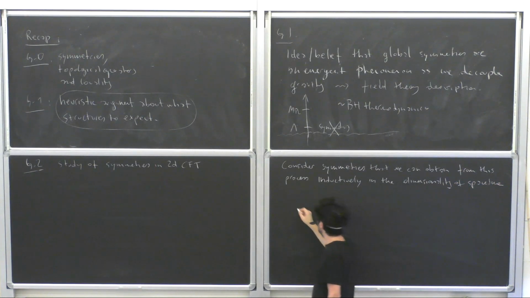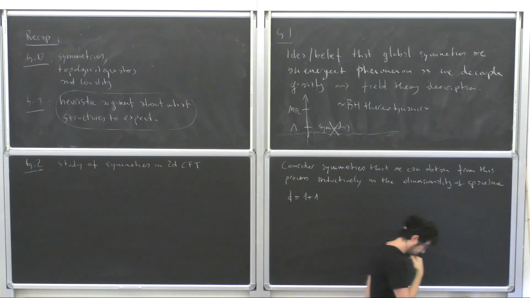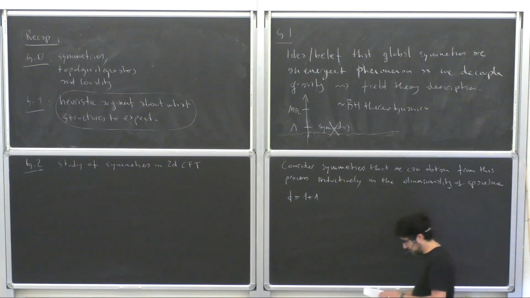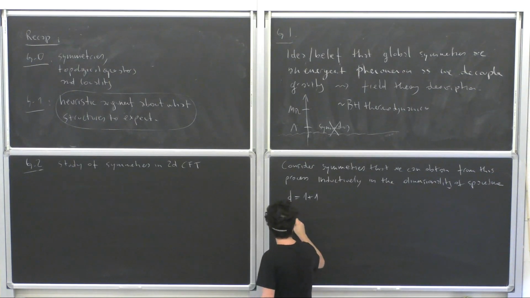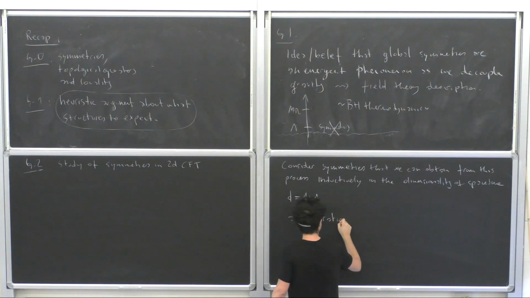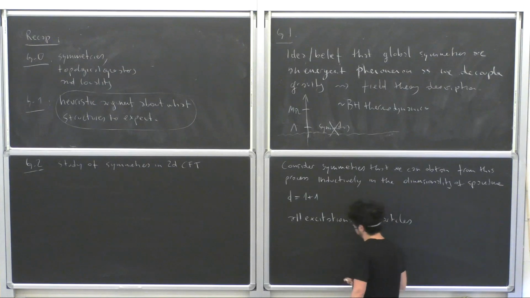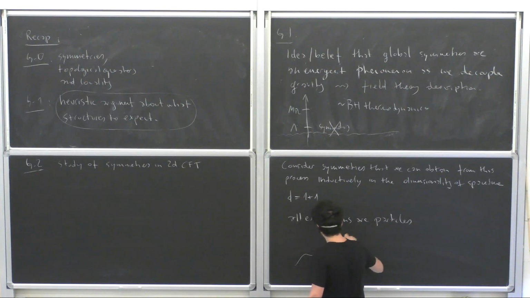So starting from d equal to 1 plus 1. In this dimension, in d equal to 1 plus 1, we say that all excitations are particles, and therefore have world lines.